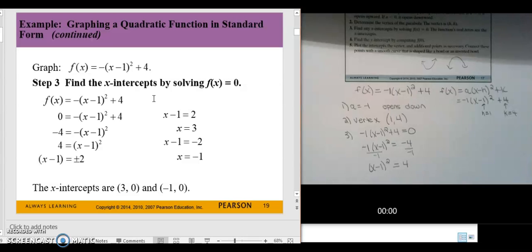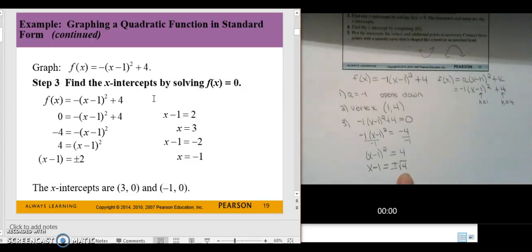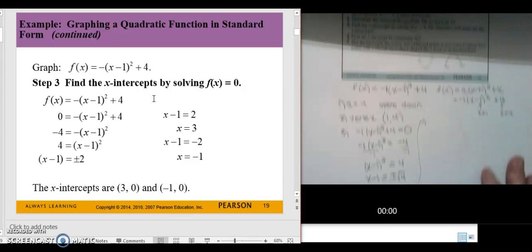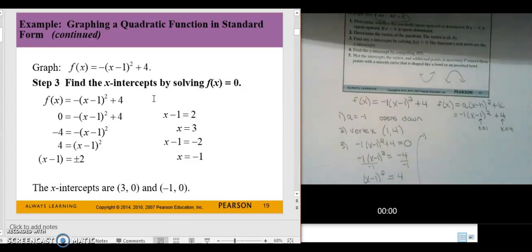Okay, and now we do the square root property. The square root property says if x minus 1 squared is equal to 4, then x minus 1 is equal to plus or minus the square root of 4. So this is plus or minus 2. Okay, I'm going to go back over here because I'm running out of room. So now I'm going to go ahead and solve for x.